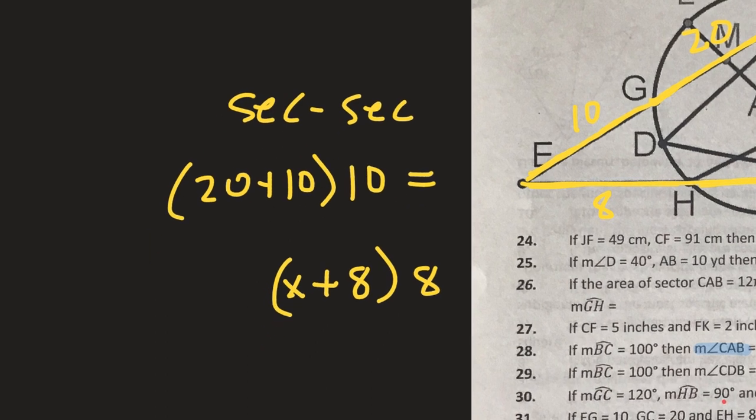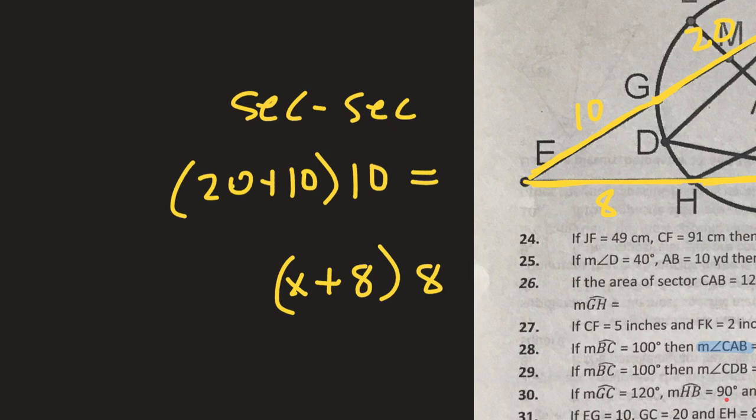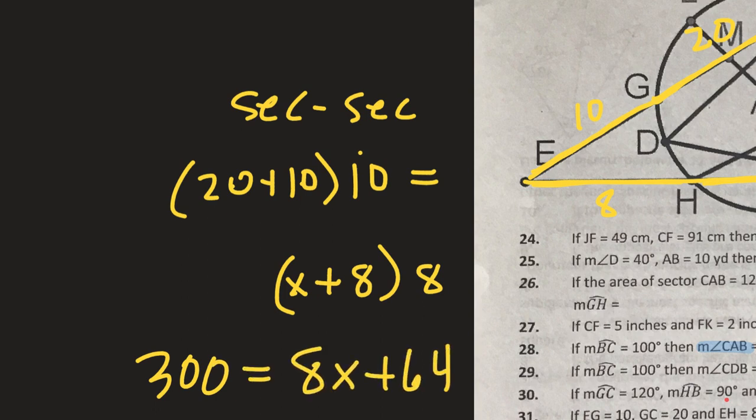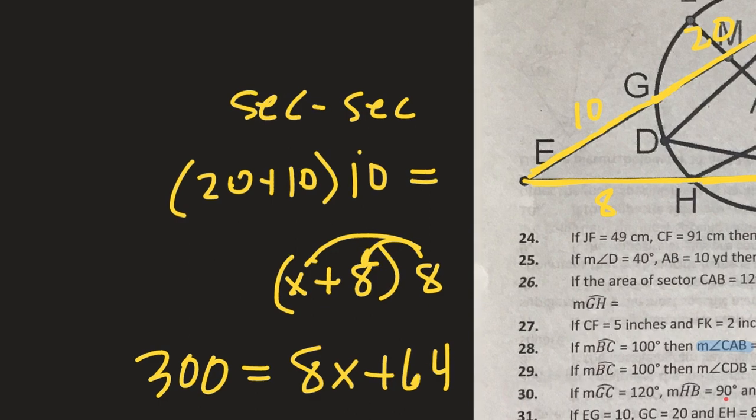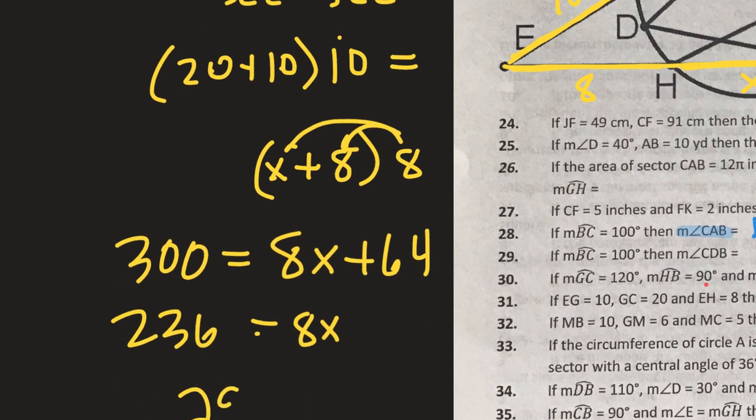These are not angles. 20 plus 10 is 30. 30 times 10 is 300 equals 8x plus 64. So 300 minus 64 is 236, and dividing that by 8 gives us 29.5.